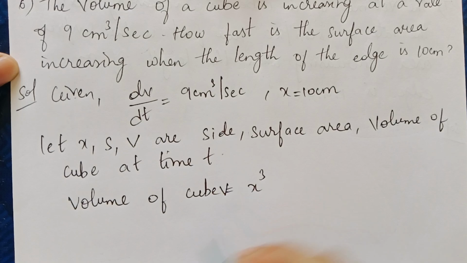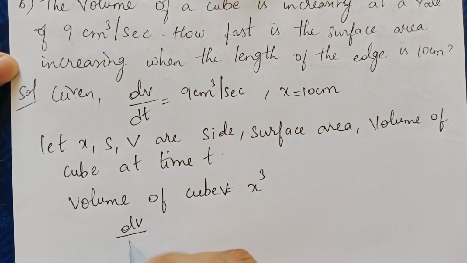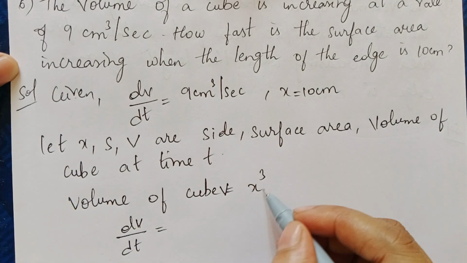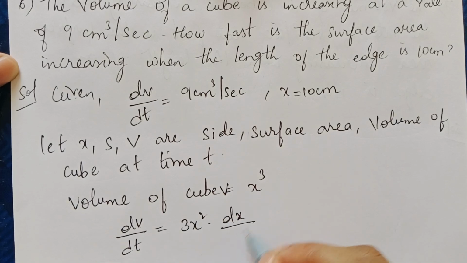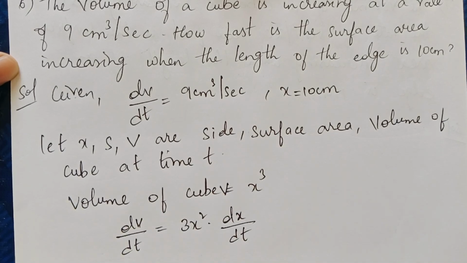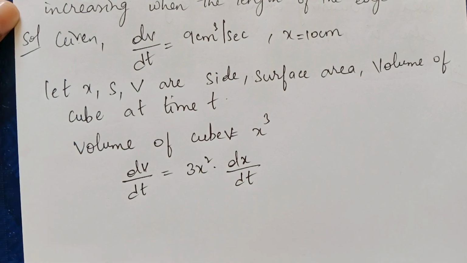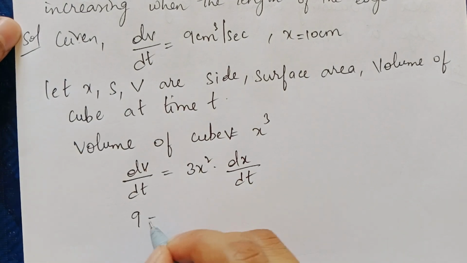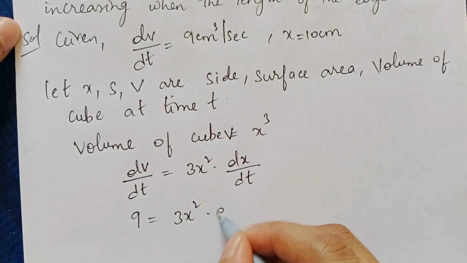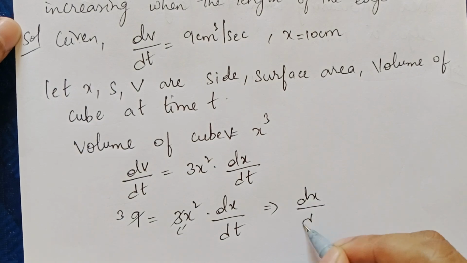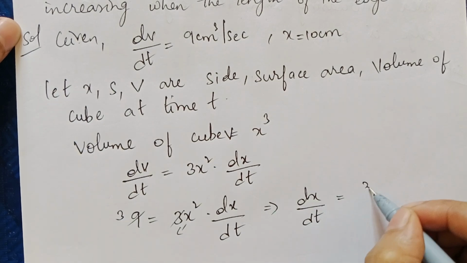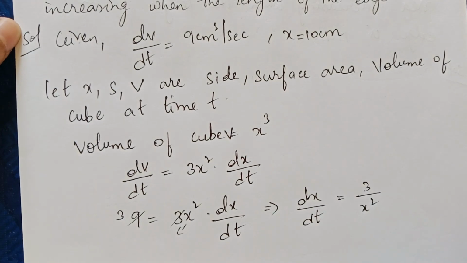Differentiating, dV/dt is equal to the derivative of x cube, which is 3x square into dx/dt. Substitute the value of dV/dt here, so it is 9 equals 3x square into dx/dt. 3 ones are 3, 3 threes are 9, so dx/dt is equal to 3 by x square.